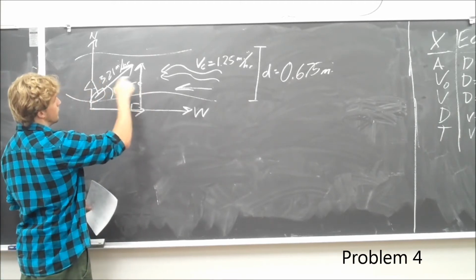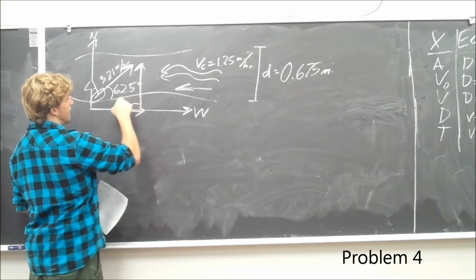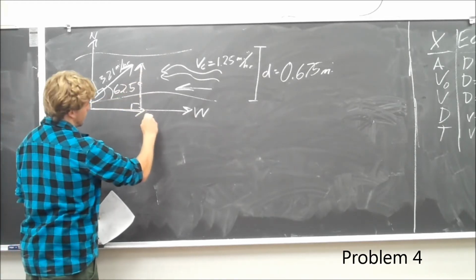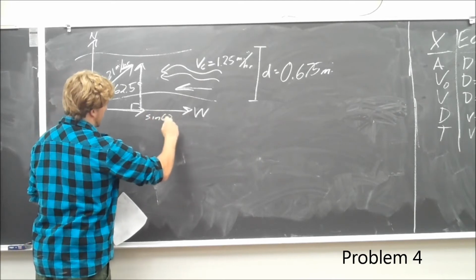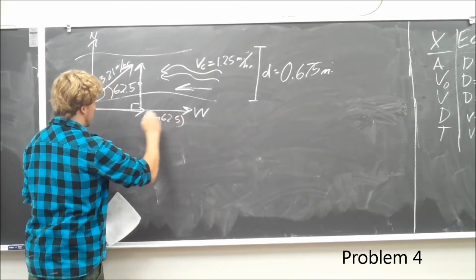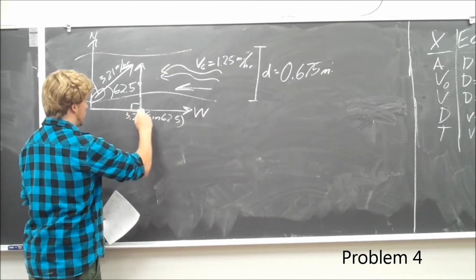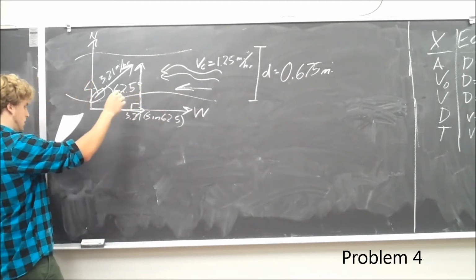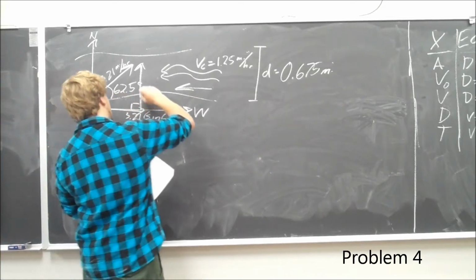So this is 3.21 times sine of 62.5, this vertical guy right here, and that will be 2.847.